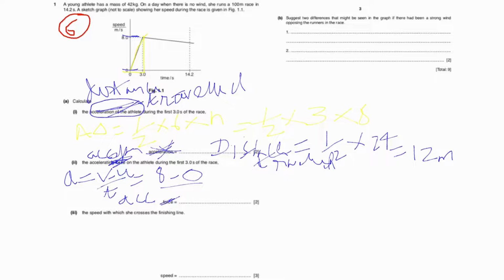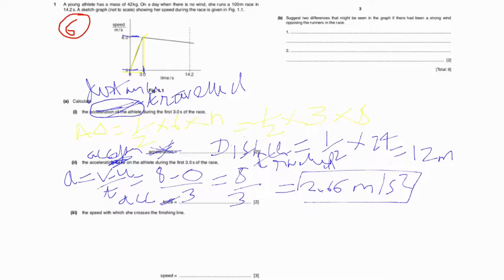Time here you can see is 3 seconds. So 8 by 3, we will calculate on the calculator. So it is coming 2.66 meters per second square. 2.66 meters per second square is the acceleration. Not force, they should have asked acceleration here.